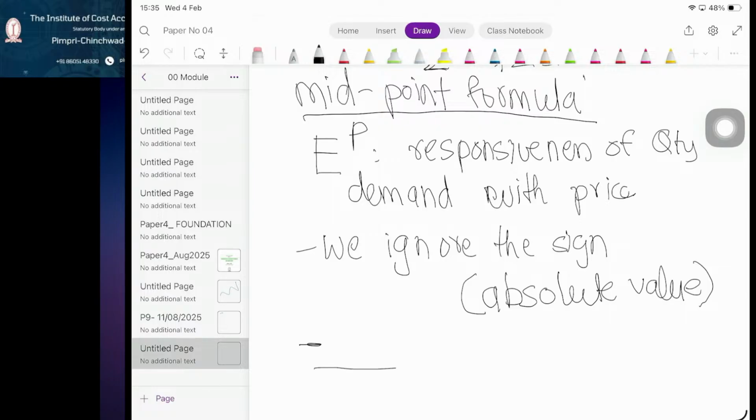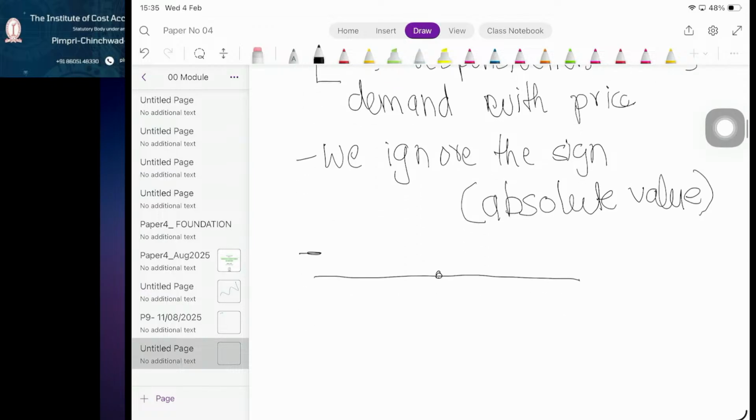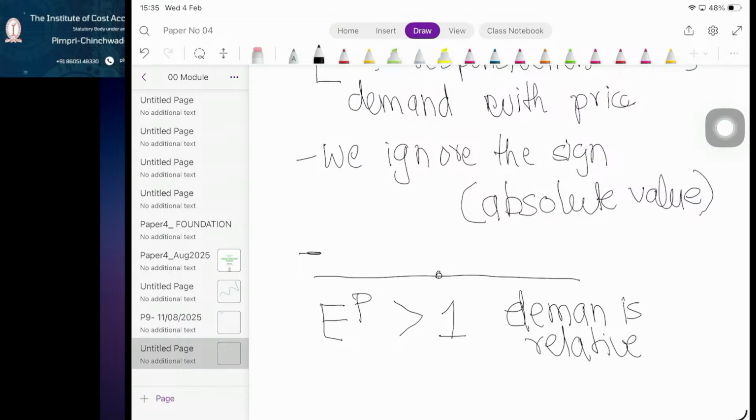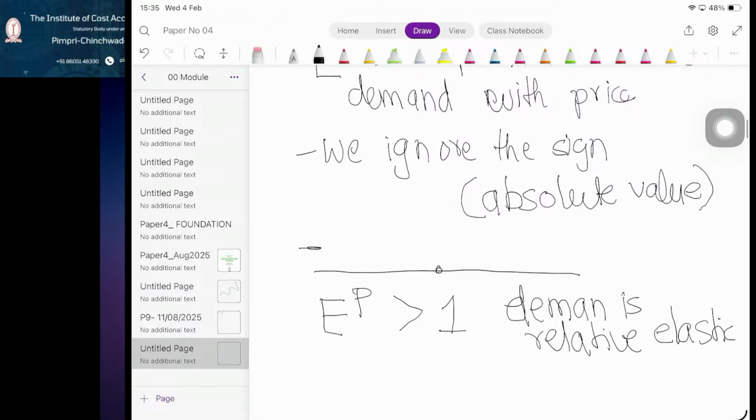Now look, whatever the value of elasticity that you calculate, suppose the price elasticity you calculate is more than 1, then we say the demand is relatively elastic. These are standard terminology.